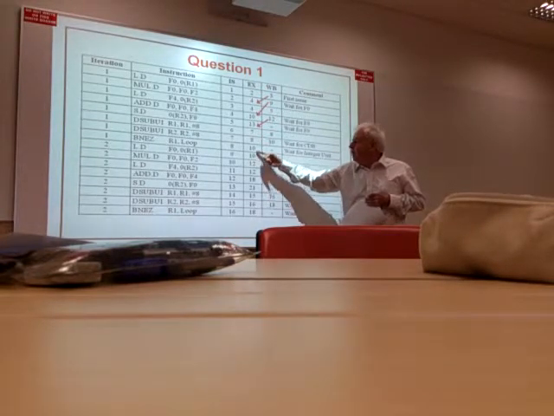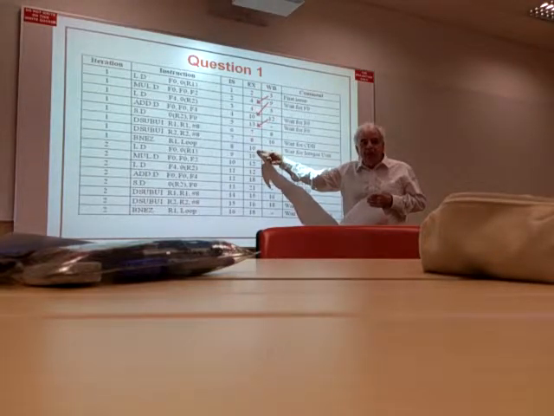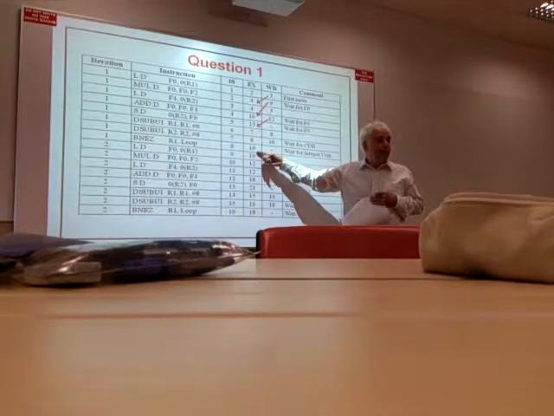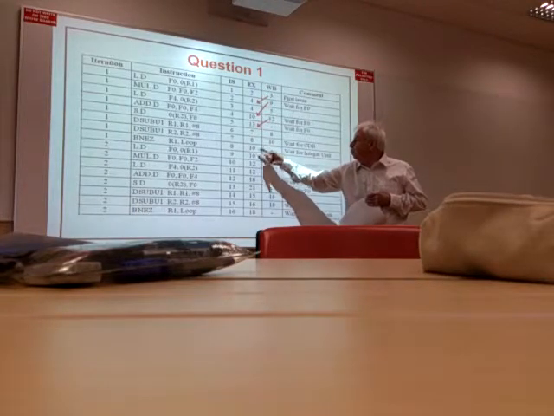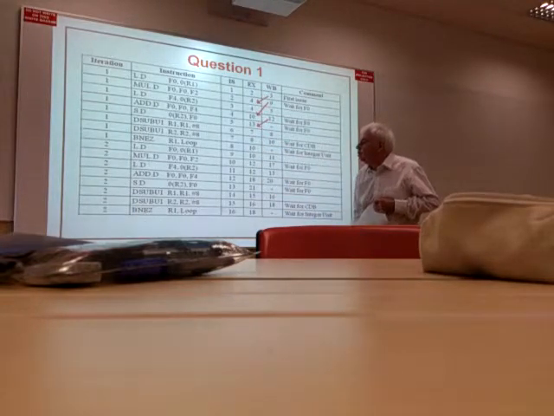So we can't execute the branch instruction until the integer function unit becomes available, which is in clock cycle 10. So we have to wait for the integer function unit.